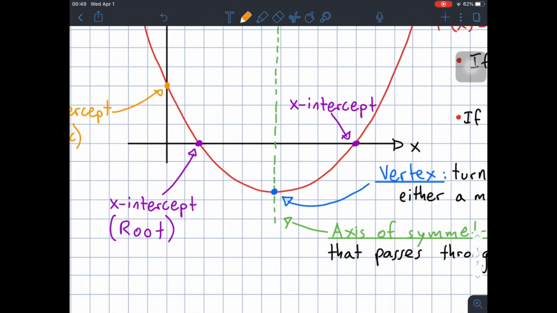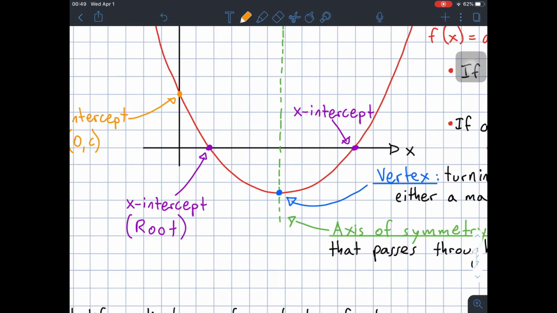Then we have two very important points in this case, which are called the roots or x-intercepts of the quadratic function, okay? And it's basically where the parabola crosses the x-axis, if it crosses the x-axis, because there are some cases in which the parabola does not cross the x-axis, and in those cases there are no roots, okay?